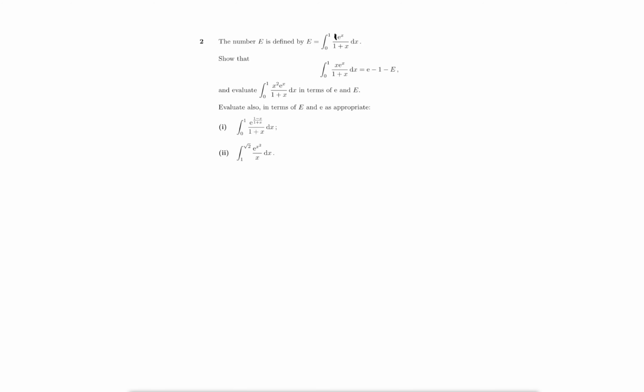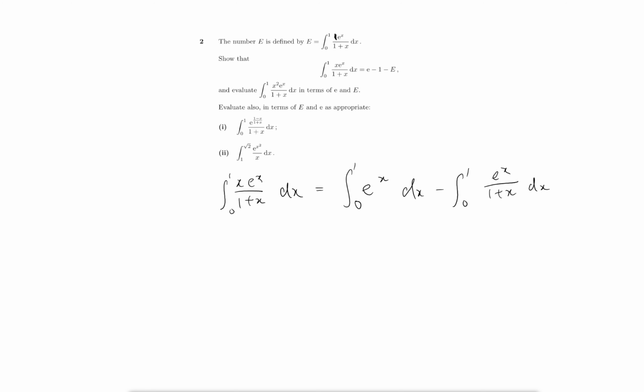So let's do that. We know that the integral of x e to the x over 1 plus x dx equals the integral of e to the x on itself, because the 1 plus x cancels out, minus the integral of e to the x over 1 plus x dx.